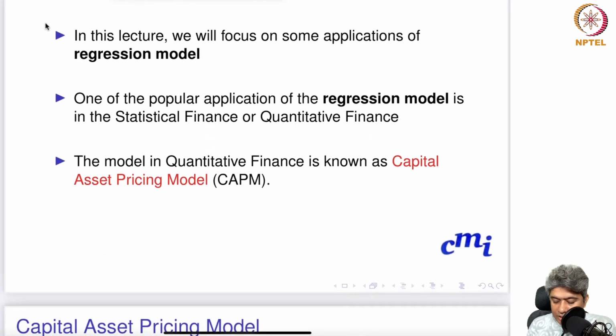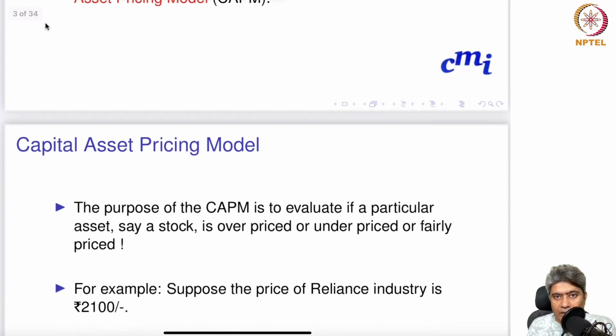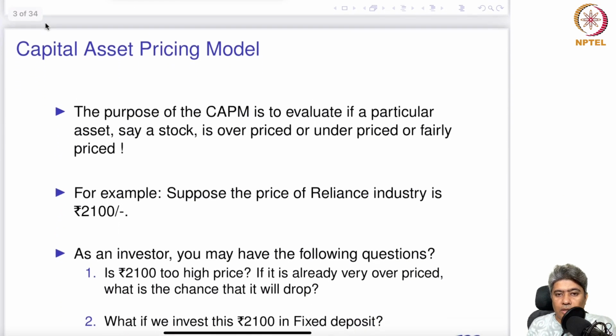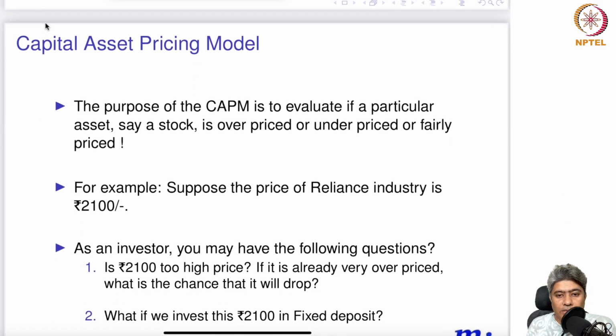It was first developed by Eugene Fama, and later he was awarded the Nobel Prize for his work. But when we see what the capital asset pricing model is, we will see this is a beautiful application of regression model, a simple linear regression model.